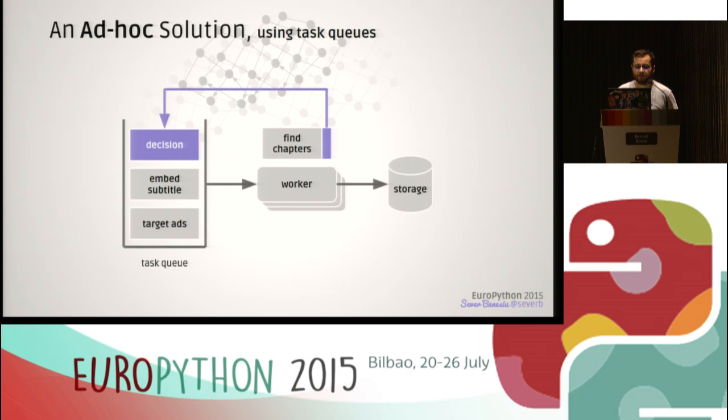So another idea would be to have the tasks generate a special type of task called a decision. And what a decision does, instead of doing some data processing, it will only schedule other tasks in the queue. So it acts as a kind of orchestrator.